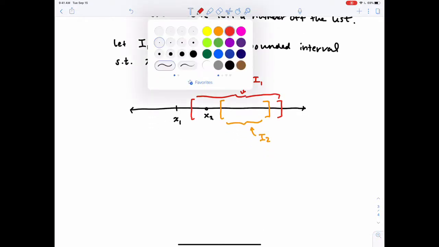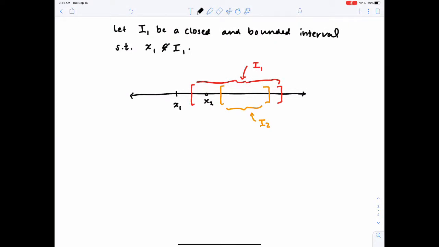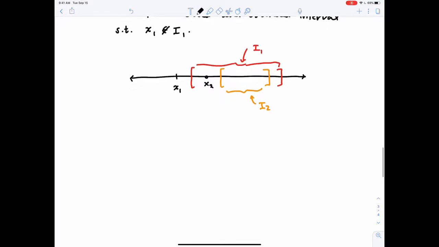Now, it could be that when you go to create your set I2, x2 is already left out of I1, and so you don't even need to worry about excluding it. But the point is we can keep doing this where we shrink our interval, we exclude a single point, namely the xn that we're looking at for the particular n we're constructing. And we keep going in that way, and then we're going to apply the nested interval property.